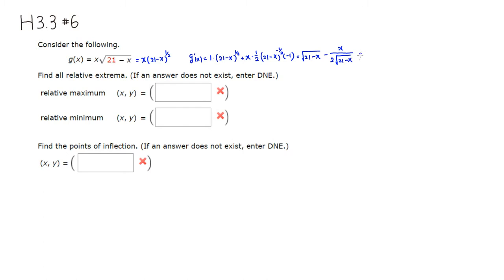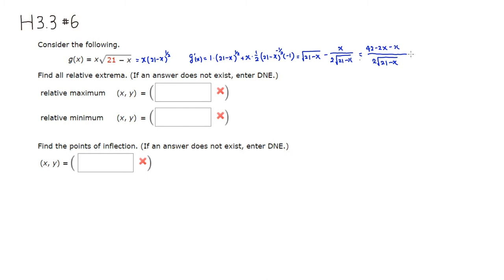Alright, so this is equal to, take the common denominator, so it's 2 square root of 21 minus x. If you multiply the first term by 2 times 21, you have 42 minus 2x, minus x.